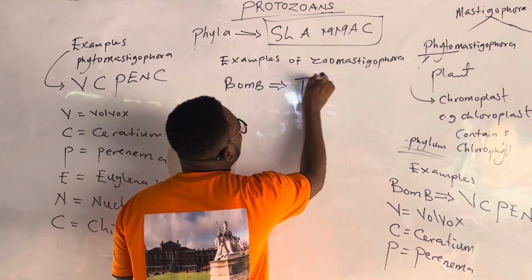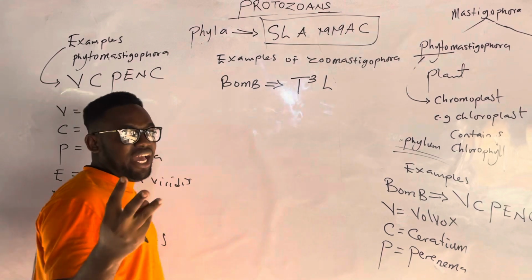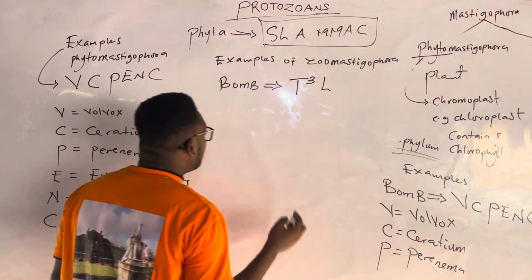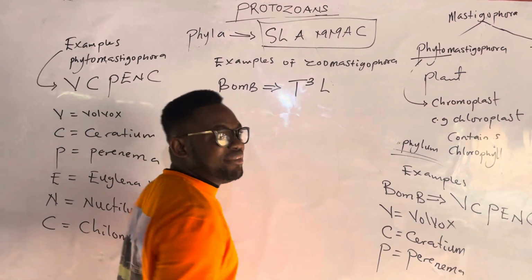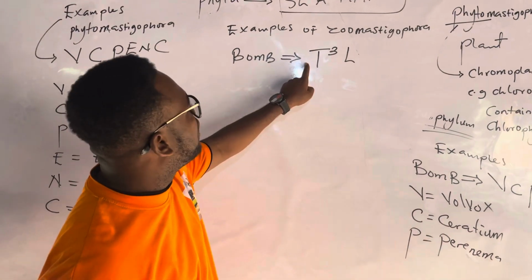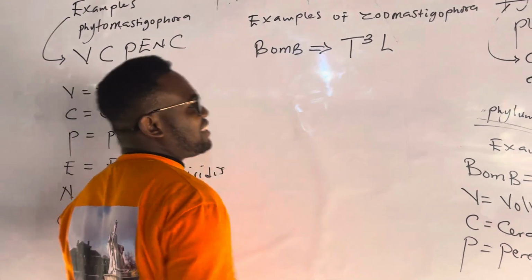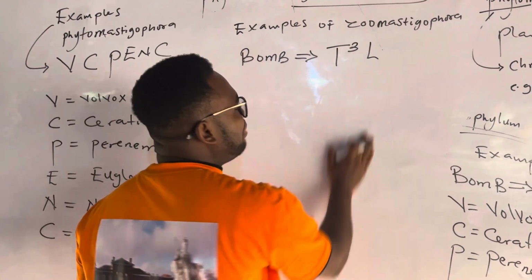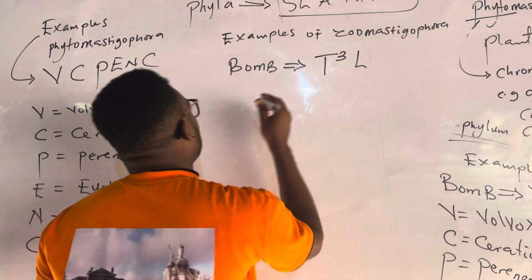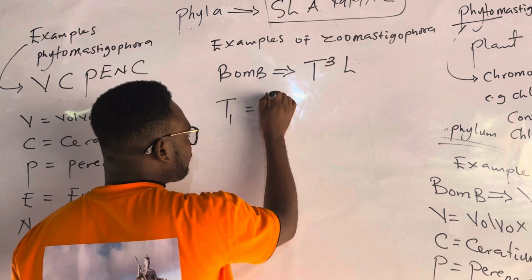The T-cube-L. This tells us that there are 3 T's there and then 1 L. There is also Giardia, which some textbooks put, but I don't want to give you that. I would have written GT-cube-L, but I don't want to give you that. I'm giving you exactly what is in your text, which you will meet in the exam.